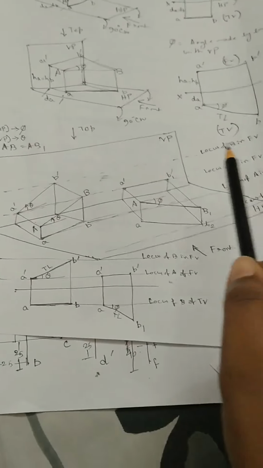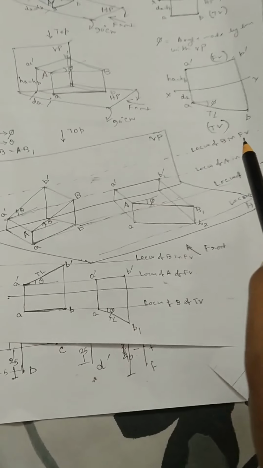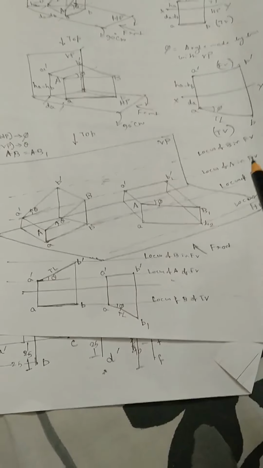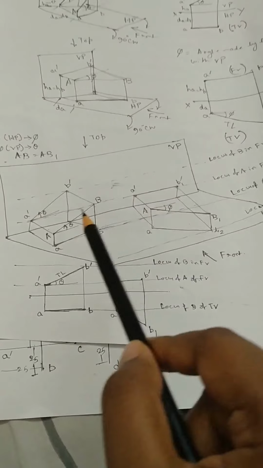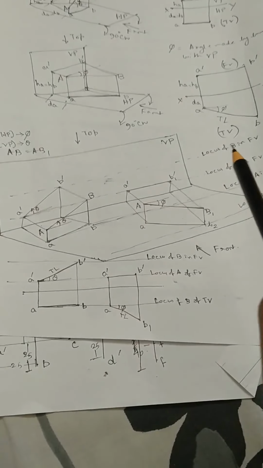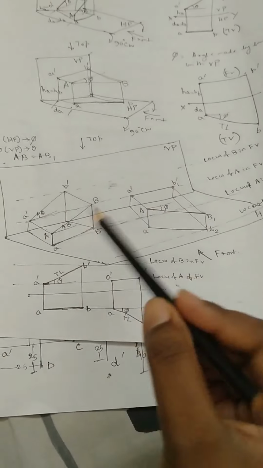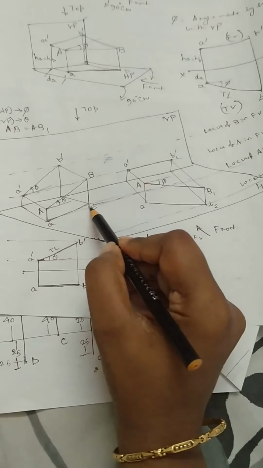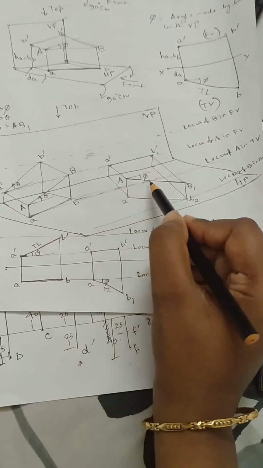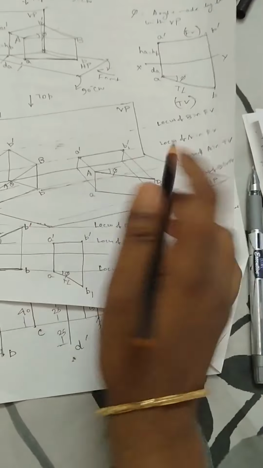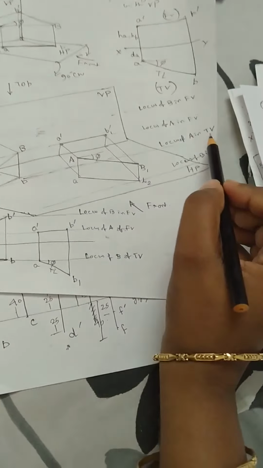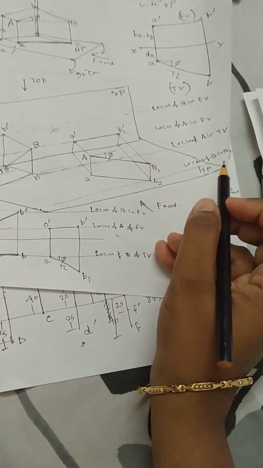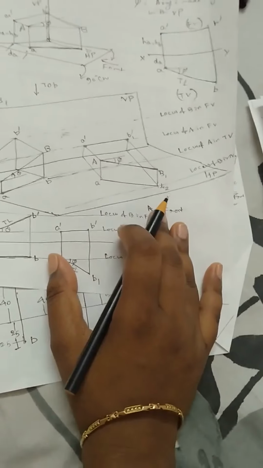This is your locus of B in front view and this is the locus of A in your front view. Here I have shown the locus, this line actually, and for this case the locus of A is in your top view and the locus of B in your top view.